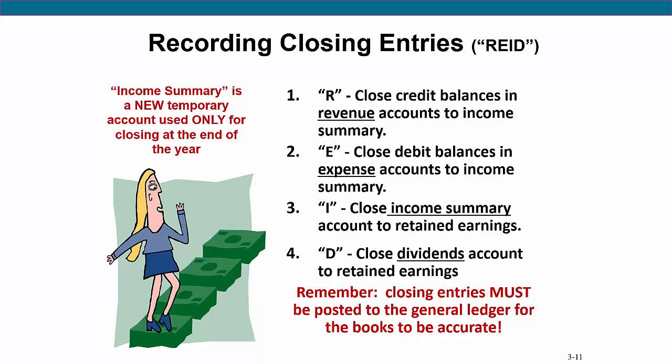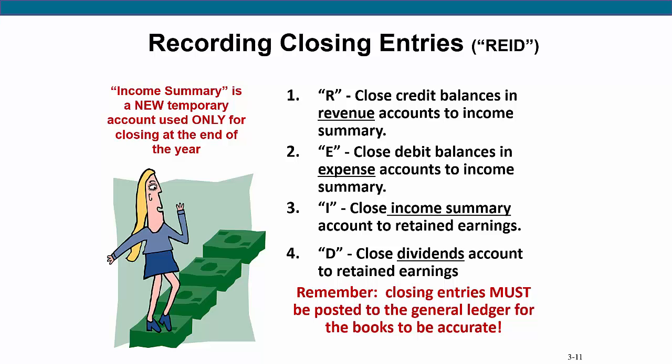The ultimate result after completing these 4 entries is that they close all temporary accounts to one permanent account called retained earnings. So the closing process results in retained earnings being updated to reflect the activity and ending balances that are shown on the statement of retained earnings.